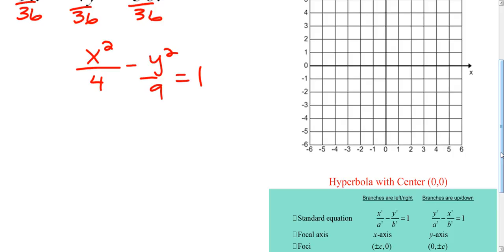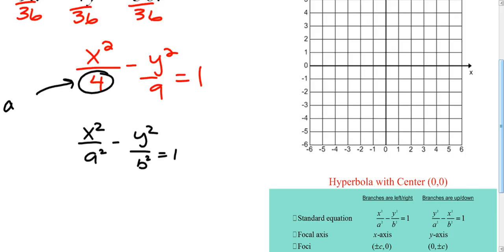This means that your a value goes along your x-axis, because our standard formula goes like this: x squared over a squared minus y squared over b squared equals 1. So this tells me right here that a squared is 4 and a is 2. By the way, my center is 0, 0 here, because on this basic hyperbola, that's what's happening.